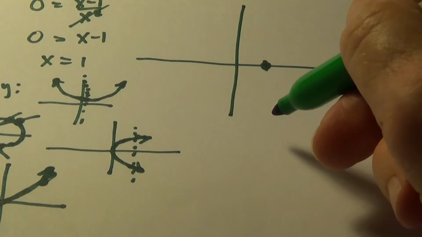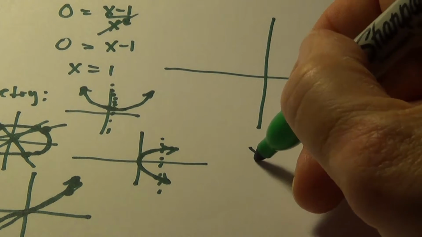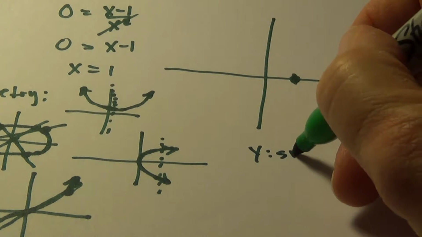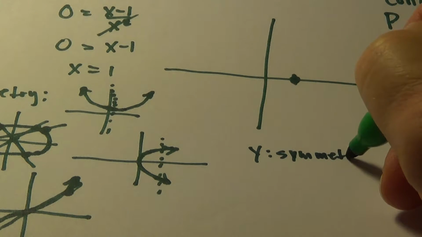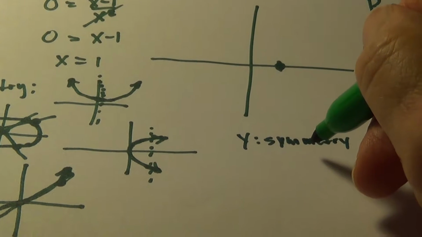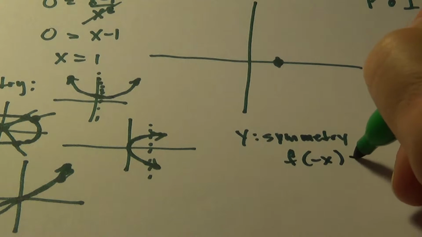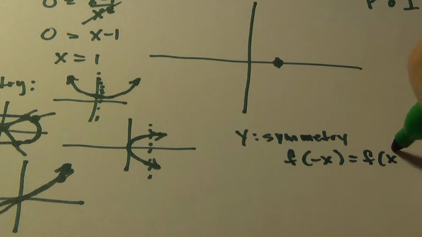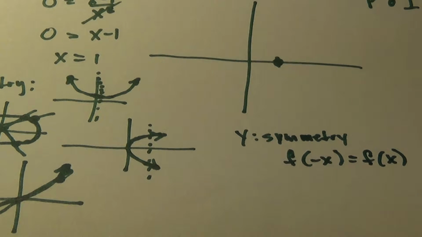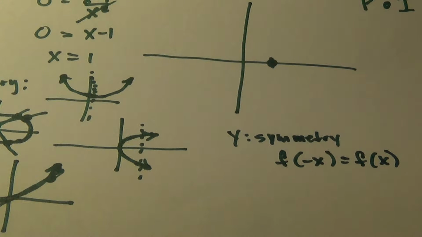Alright, so the algebra for y symmetry is, if you recall, f of minus x is going to equal f of x. So we'll examine our function and see if it's symmetrical across the y-axis.